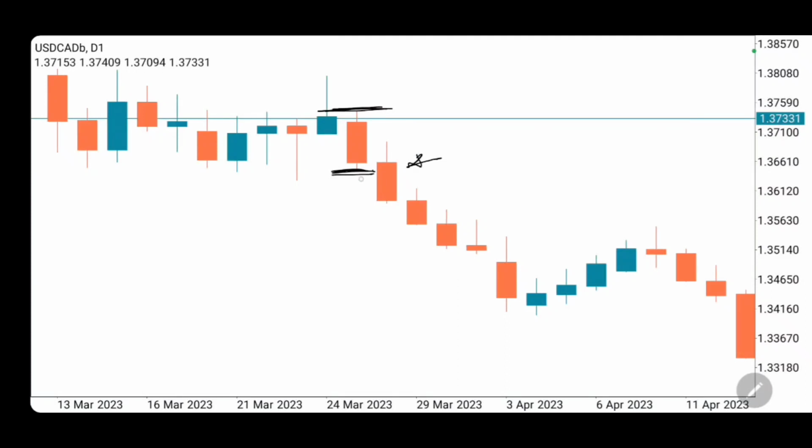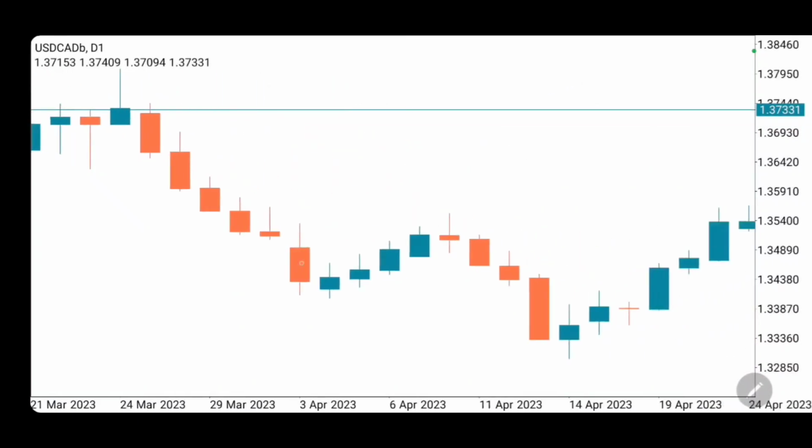Now you can see that the sell stop would have been taken out by this candle, and the trade will be activated. If I take an average of these 3 candles, this will give me my TP target, and I place my stop loss at the middle of the previous day candle, or 50%. All right, so that is it.